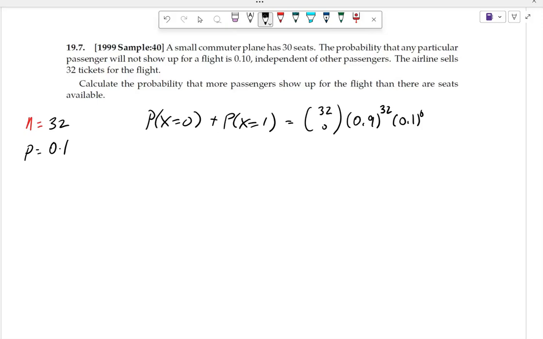Say that again. What's your PMF for the binomial? What's the PMF for the binomial distribution? Just generally, what is it? It's on that sheet next to you too, if you flip it over.